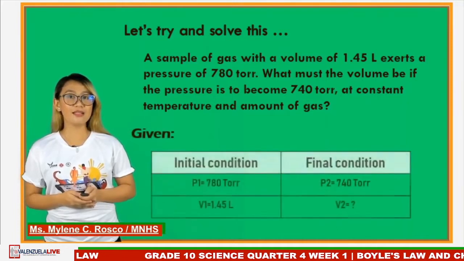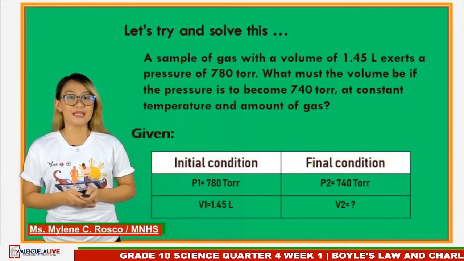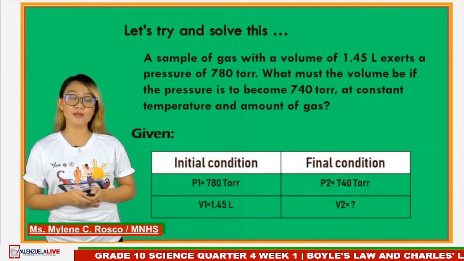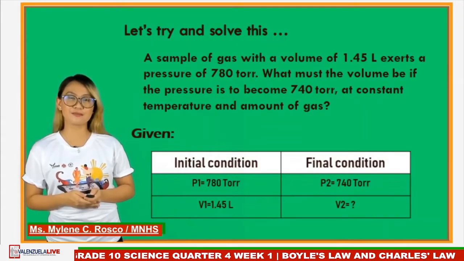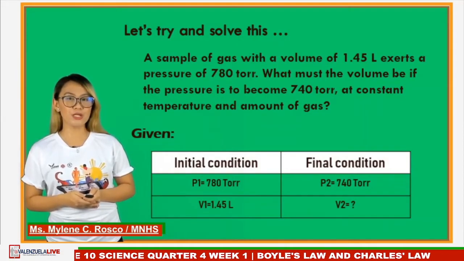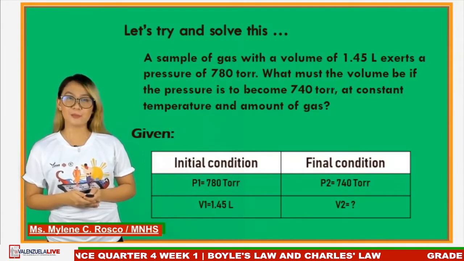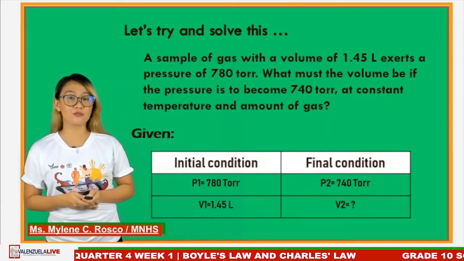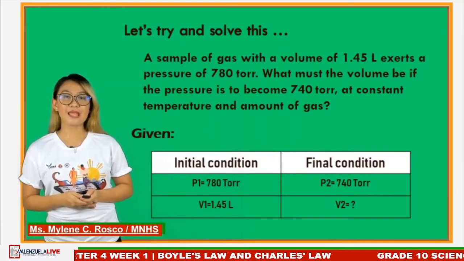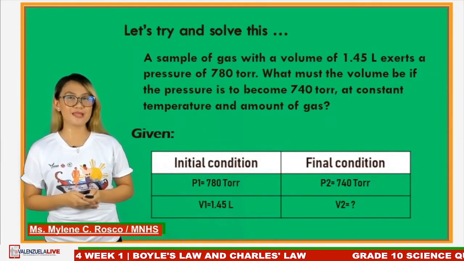Here are the given. Initial volume is 1.45 liters. Initial pressure, 780 torr. Final pressure, 744, and we are going to find the final volume.